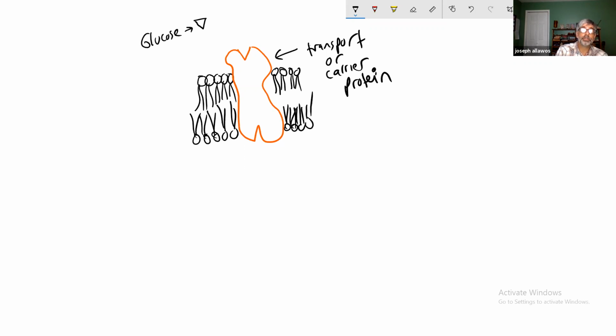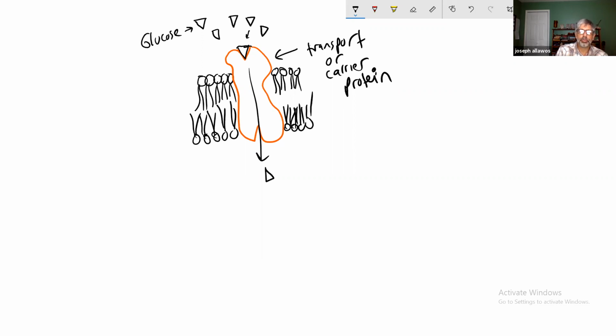Okay, and so what then can happen is if you have all this glucose out here, remember proteins have a specific shape, and here's this little active, I don't want to call it an active site because it's not an enzyme, but this glucose molecule fits in there, and it gets shuttled into the cell like this. It can go in either direction.